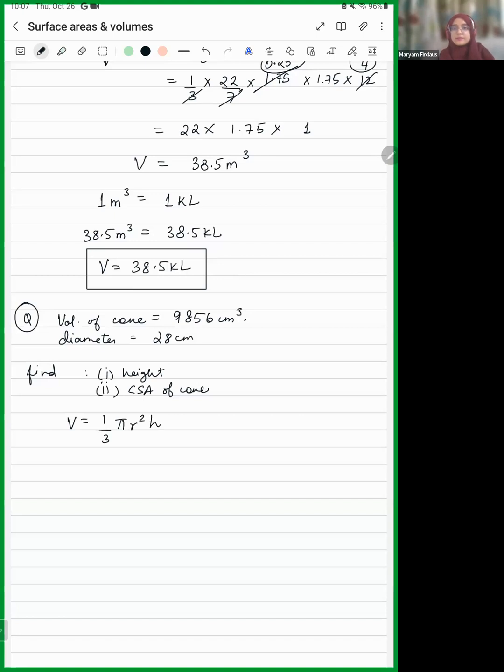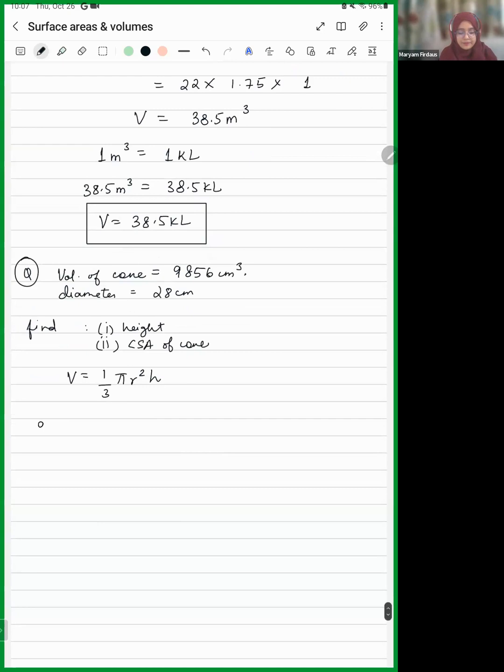Then substitute the values. 1 by 3. Pi we will use as what? 22 by 7. And what is R? R is 28 by 2. So we will just write R is equal to 14, okay?